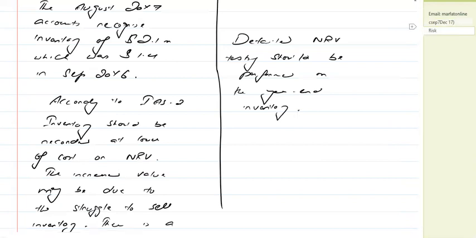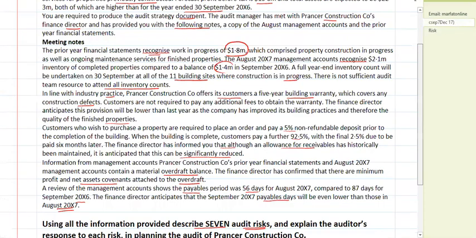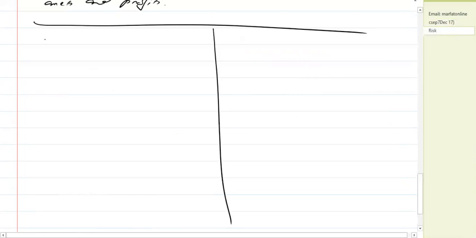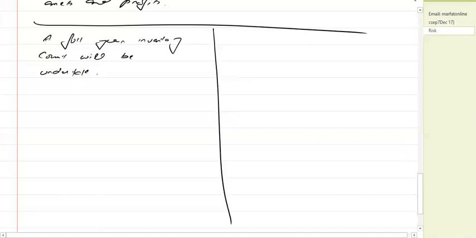Now, the other risks: a full year inventory count will be conducted at 11 building sites.